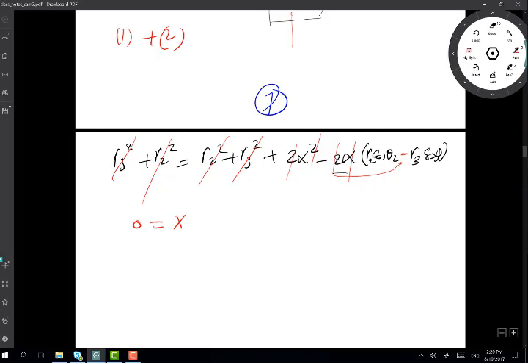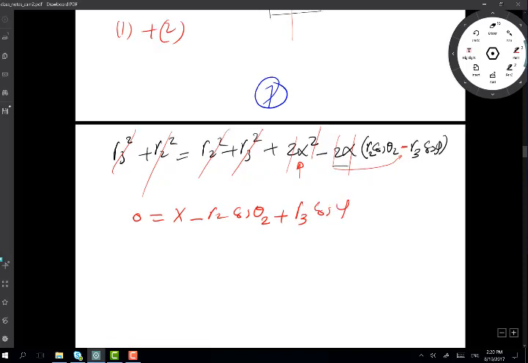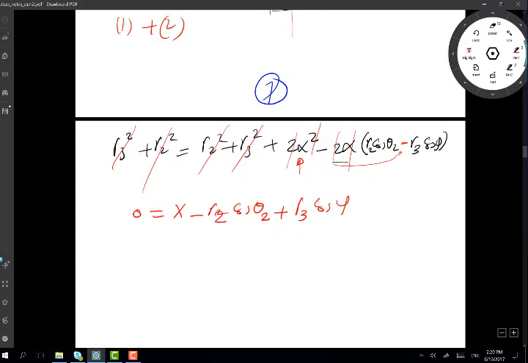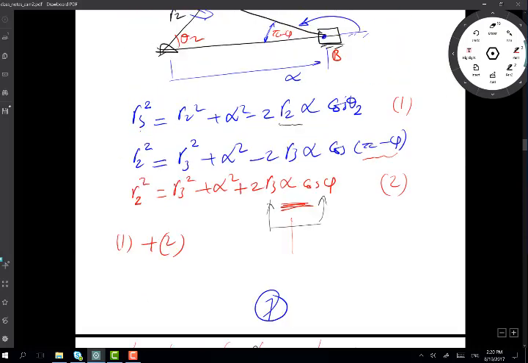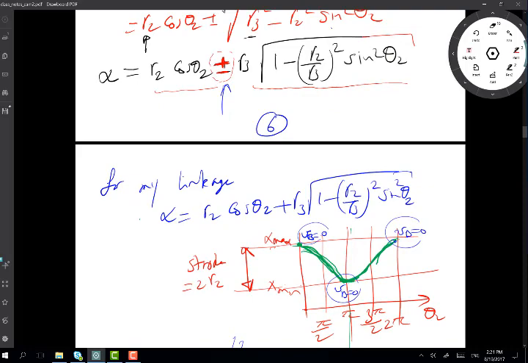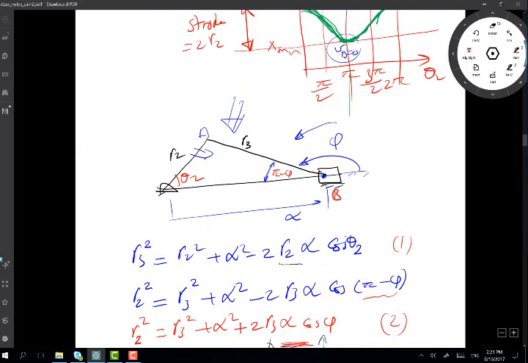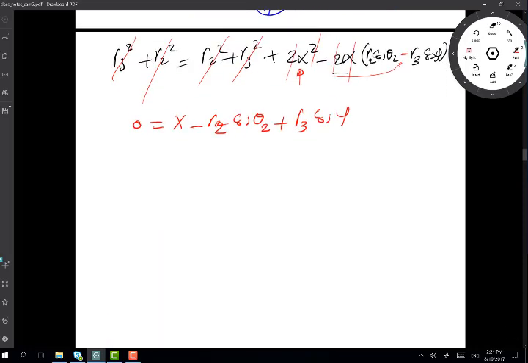So I can go minus x remaining from this end, then minus r2 cosine theta 2 plus r3 cosine phi. Okay, this is good news, because I have an expression for x. This was x. I'm just going to copy this underneath. And in fact, I can even rearrange my terms a bit.